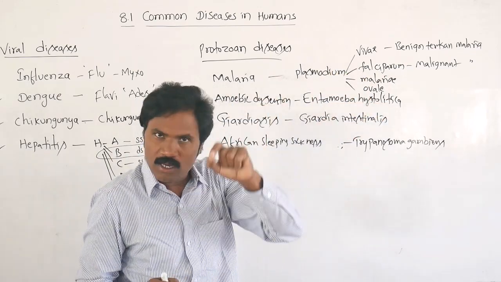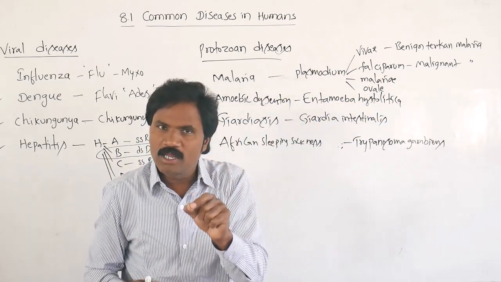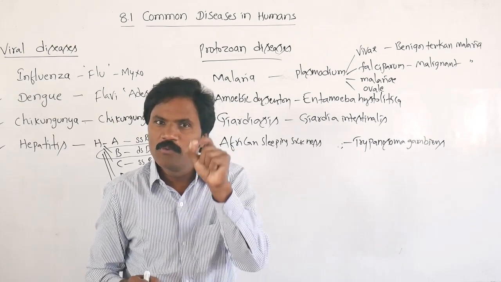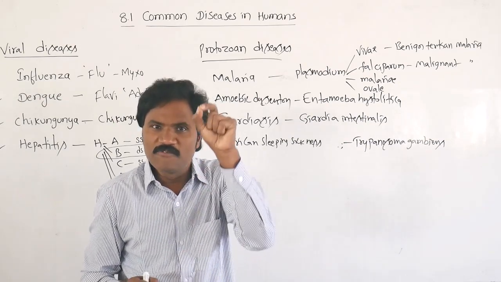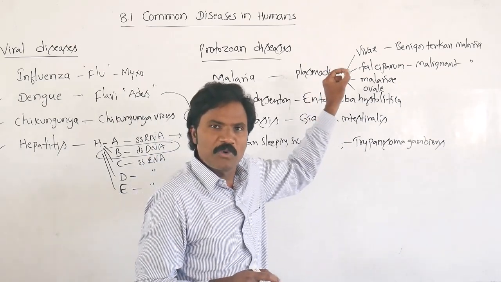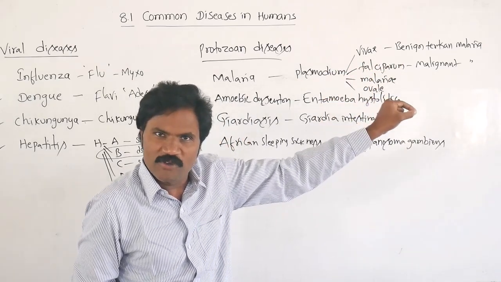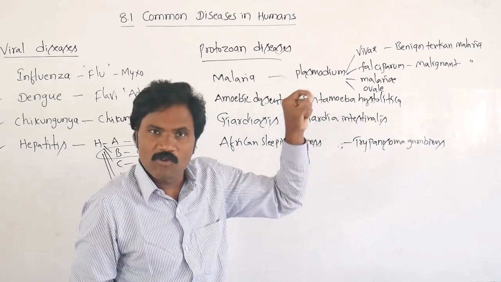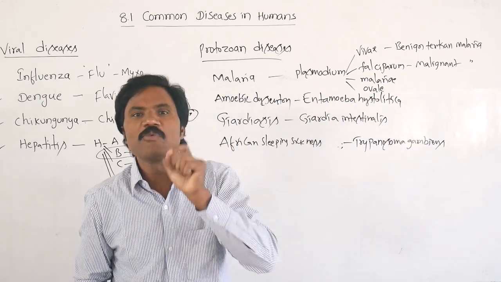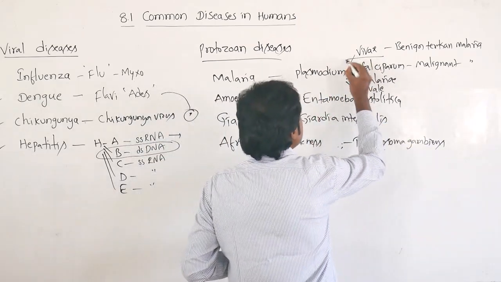So whenever they ask which is the common protozoan parasite in our country, and give options like Plasmodium vivax, ovale, falciparum, then your option will be Plasmodium vivax. It is common.